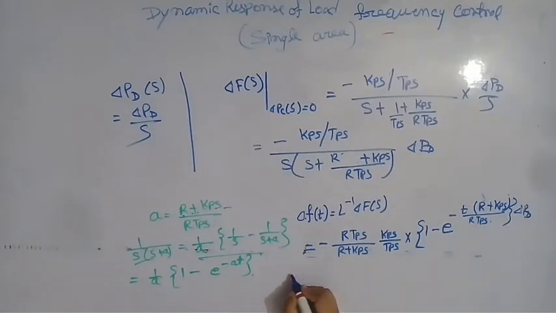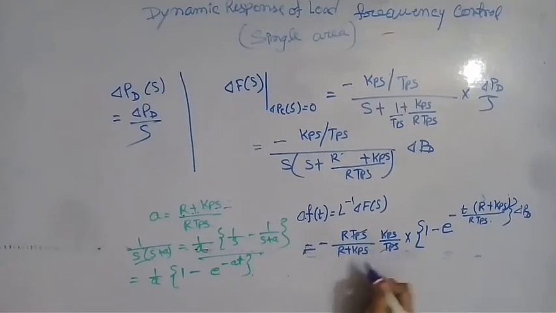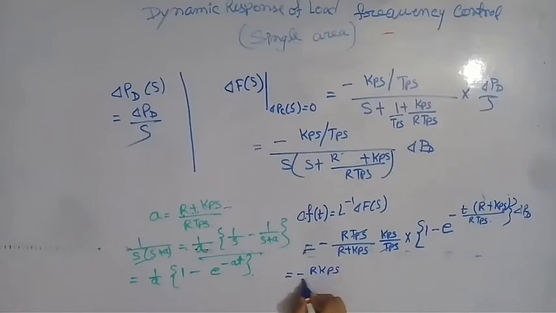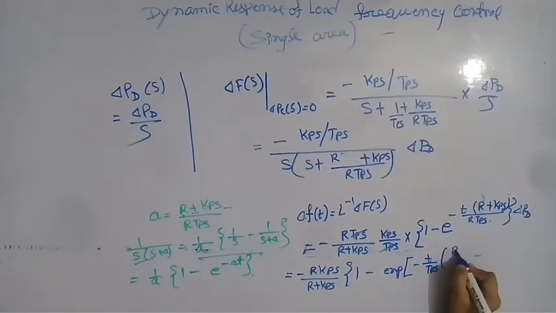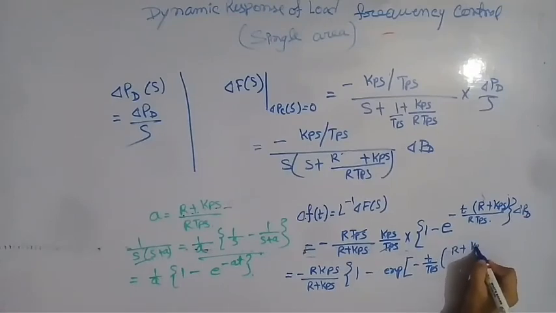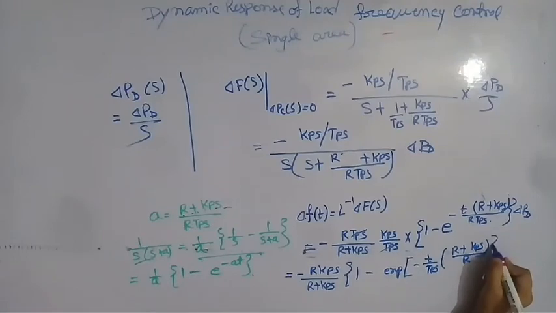Now TPS is cancelled out, so we can write delta F of t equals minus R KPS by (R plus KPS) into (1 minus exponential of minus t by TPS, times (R plus KPS) by R) into delta PD.